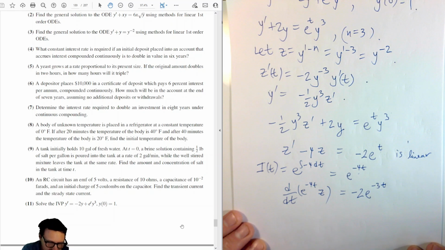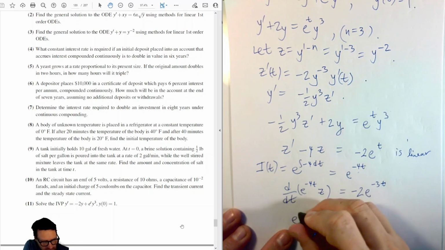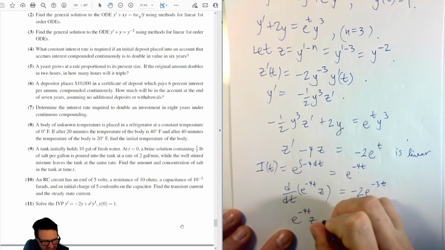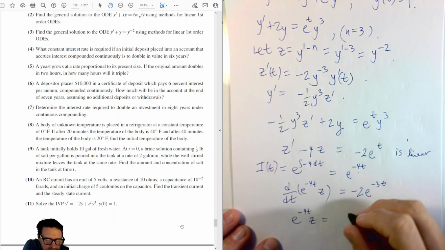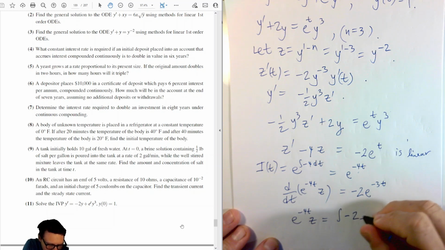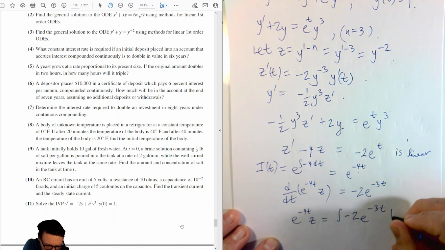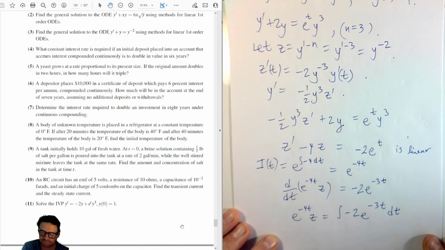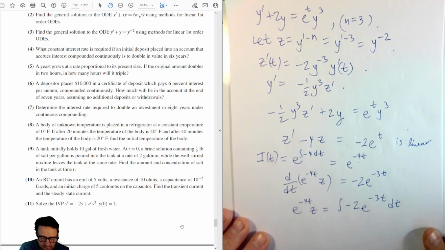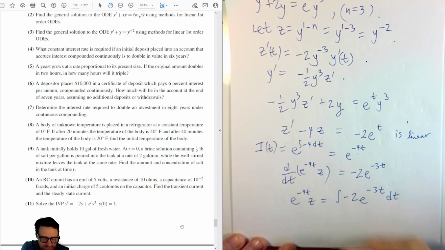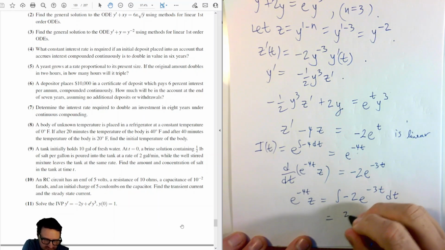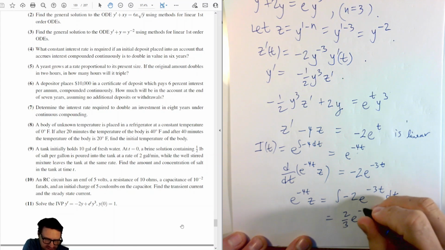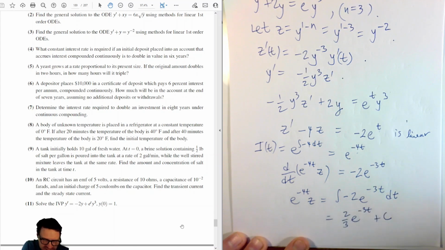And so we need to integrate both sides, and we get e to the minus 4t times z is equal to the integral of minus 2 e to the minus 3t with respect to t. Okay, this integral is easy. We just have 2/3 e to the minus 3t then plus c.